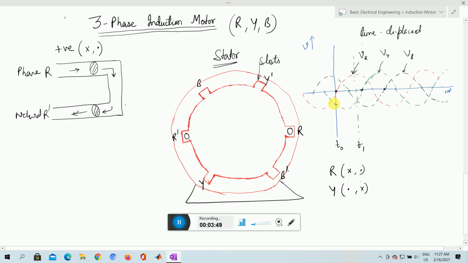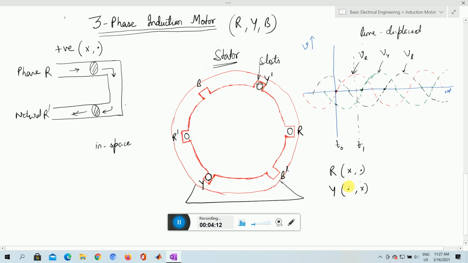So if Y is negative, where is the Y conductor? The Y conductor is displaced from the R phase by exactly 120 degrees in space, and we represent it by two circles, Y and Y dash.